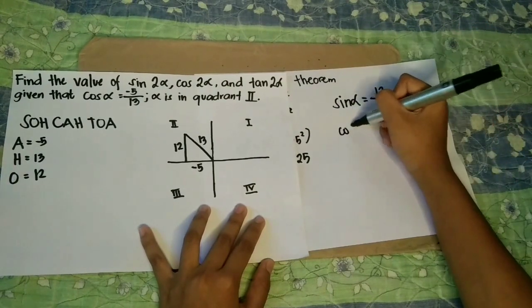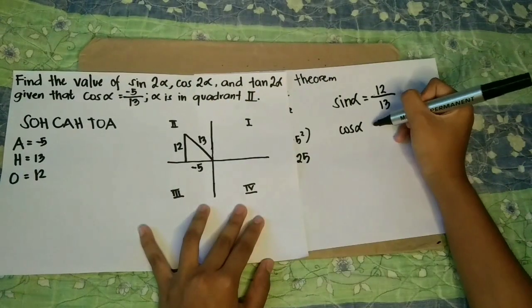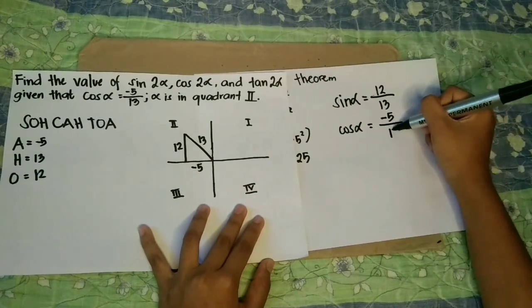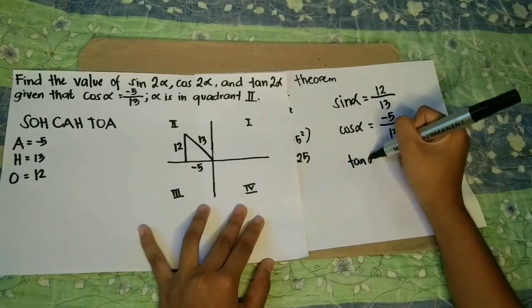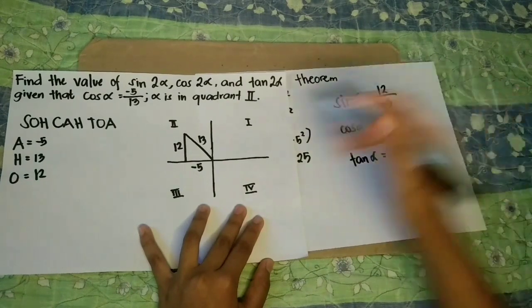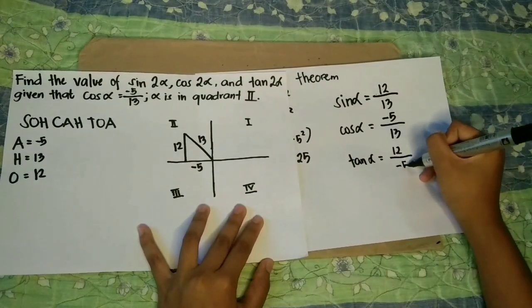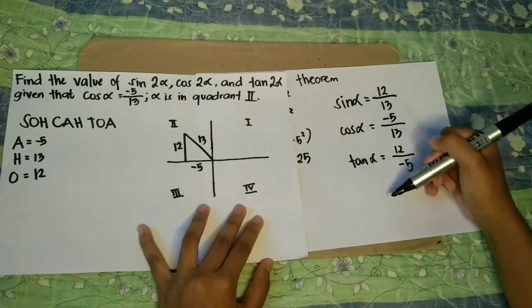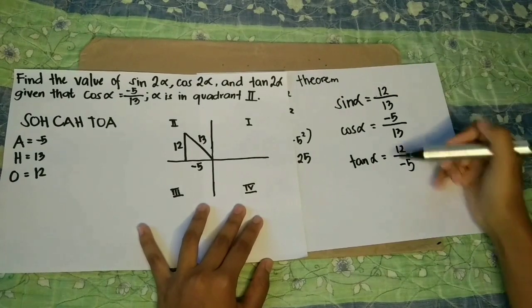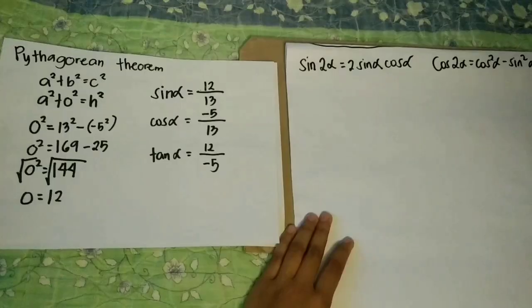And the cosine alpha, which was given earlier, is negative 5 over 13, and the tangent alpha is the opposite, which is 12, and the adjacent is negative 5. Since we have the values of sine alpha, cosine alpha, and tangent alpha, we can solve the double angle formula of sine, cosine, and tangent.